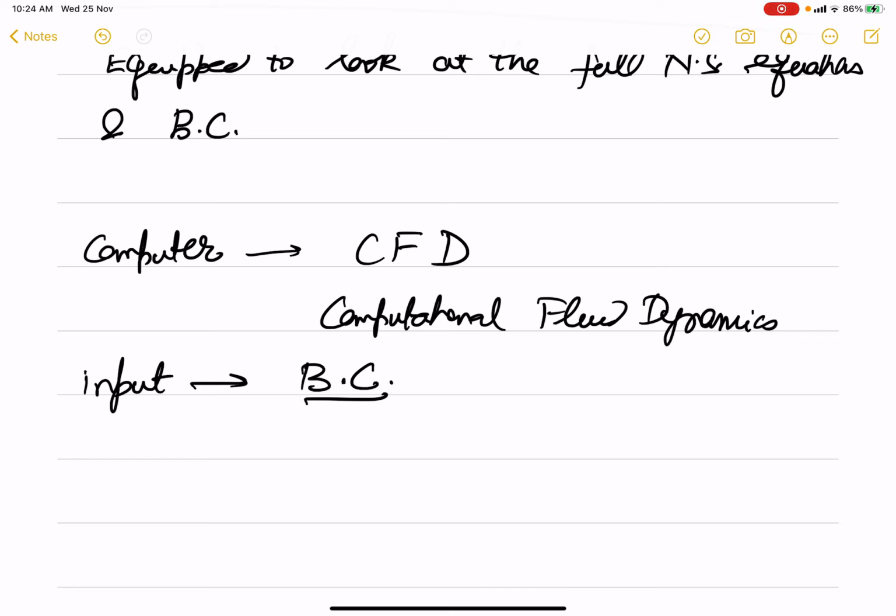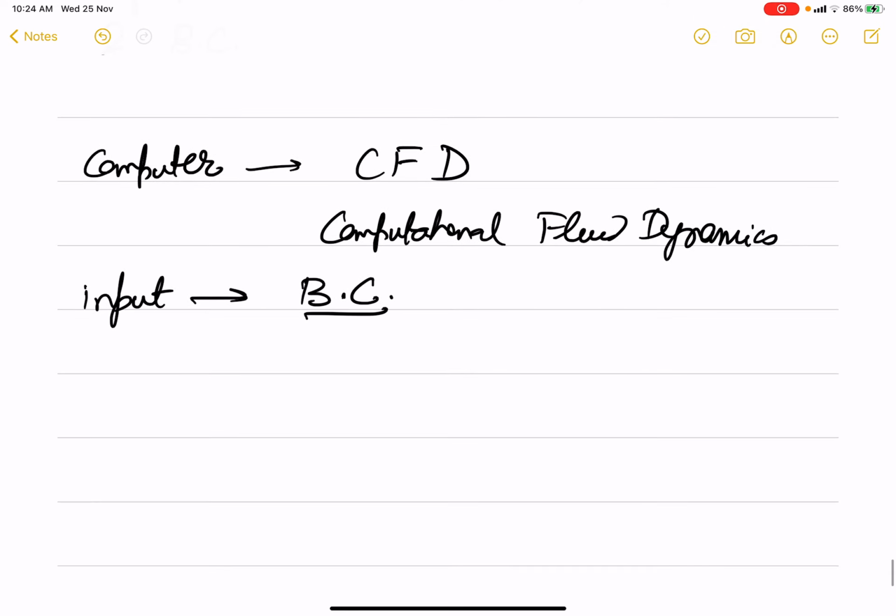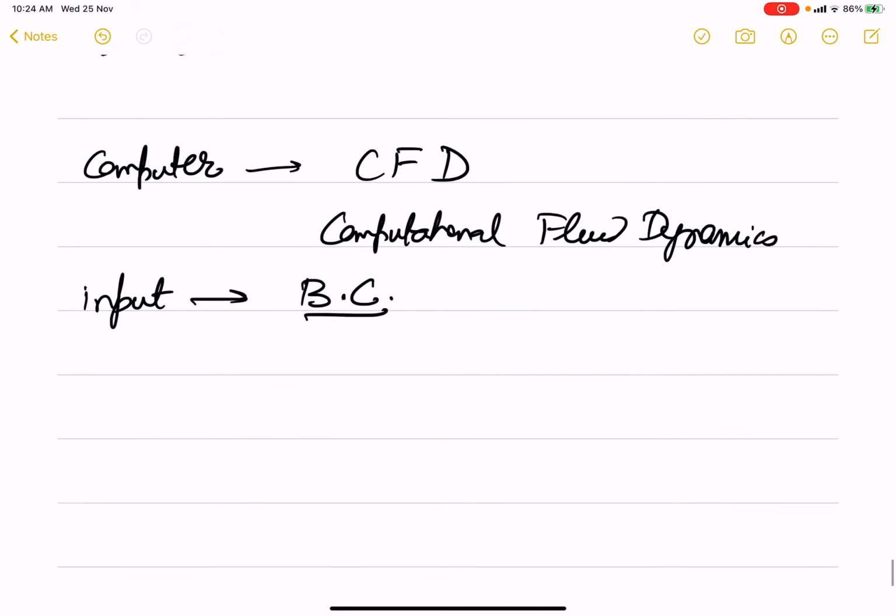That is why trying to understand what the boundary conditions are is something which you will have to do at the start of every problem. You look at the flow and you try to infer the boundary conditions, and this therefore becomes a very important part of solving the whole flow problem.